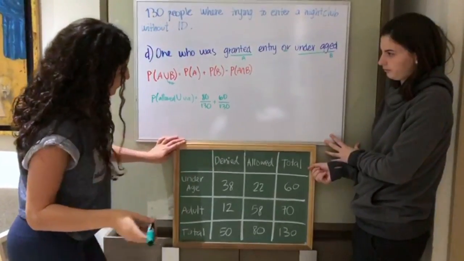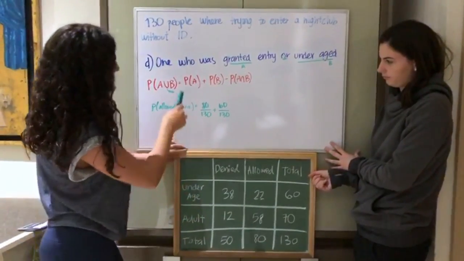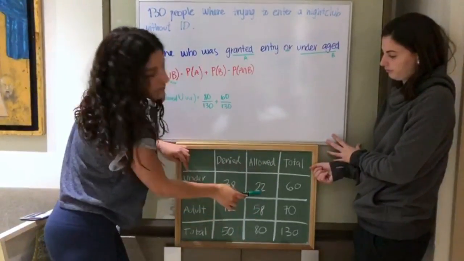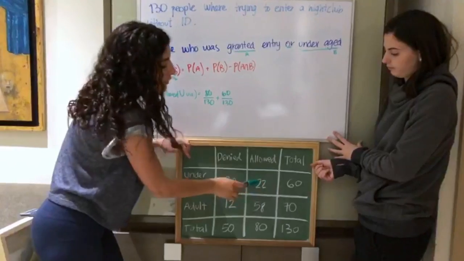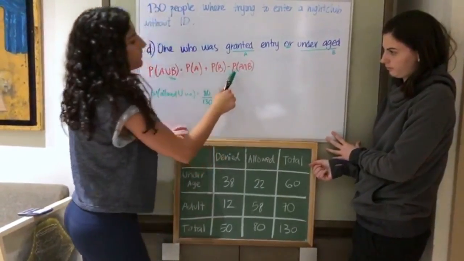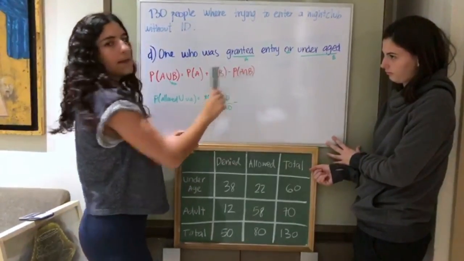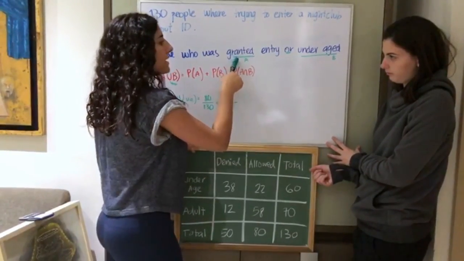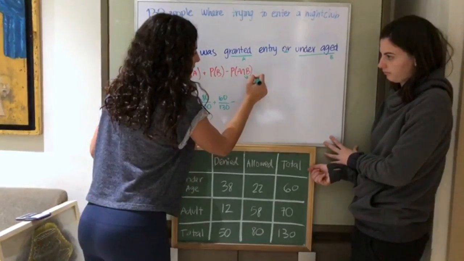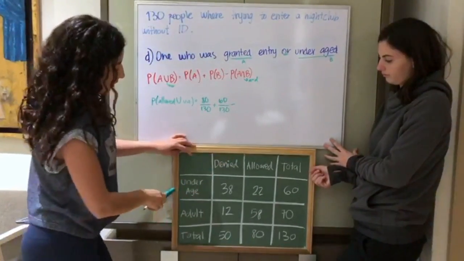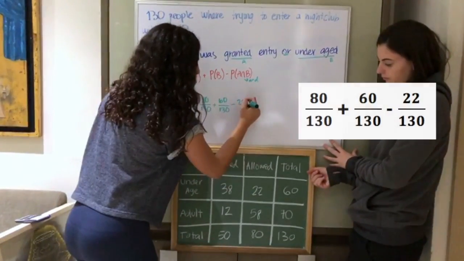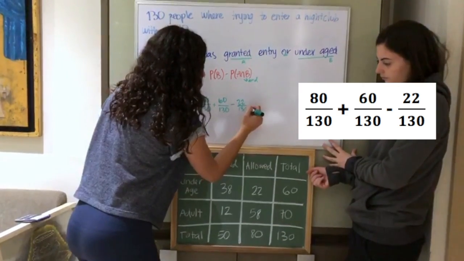And here, if you see, you counted the allowed and underaged, underaged and allowed, you counted this square twice. So now, as the formula says, we're going to subtract the probability of both A and B happening. That means being allowed and being underaged. Because remember, this means and. So underage and allowed is 22. So we're going to subtract 22 out of 130.